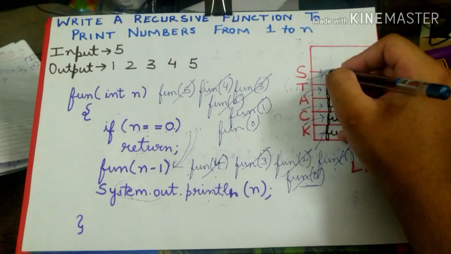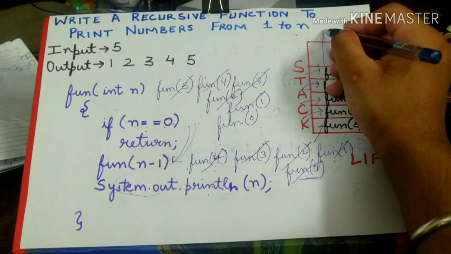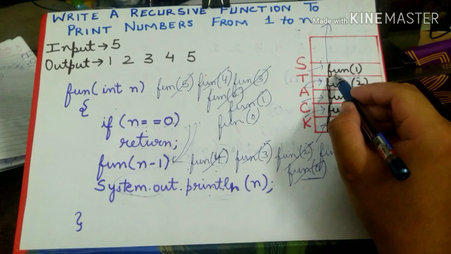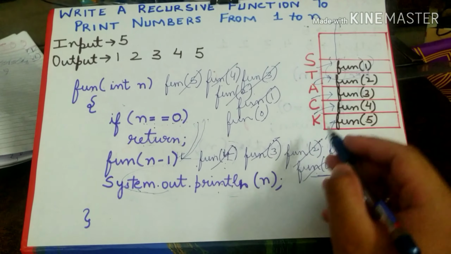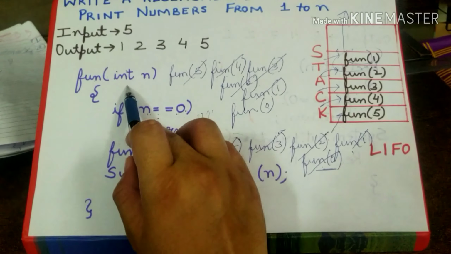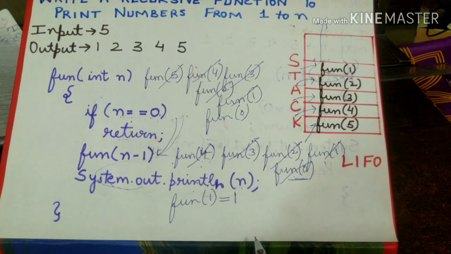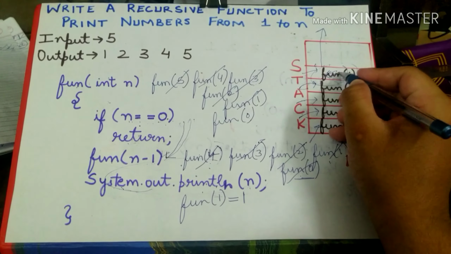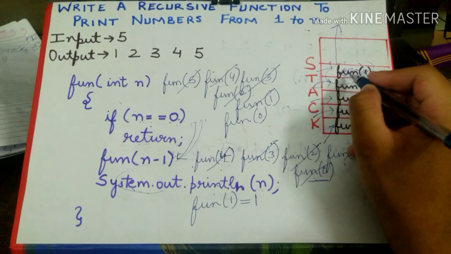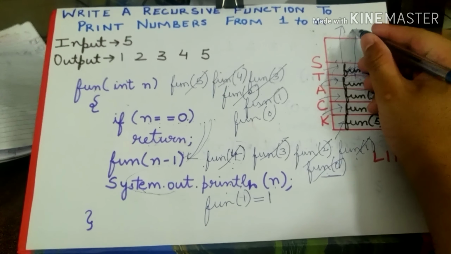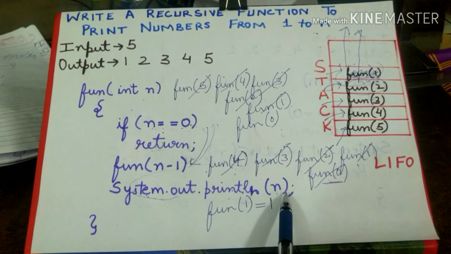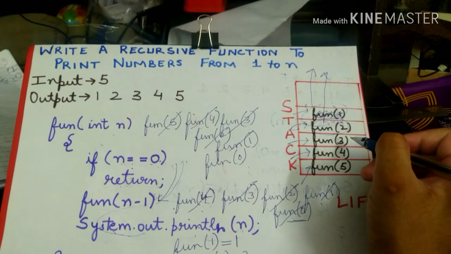Now the fun 1 method will come out. So what's the value of fun 1? The value of fun 1 is 1. Now the fun 2 method will be called.